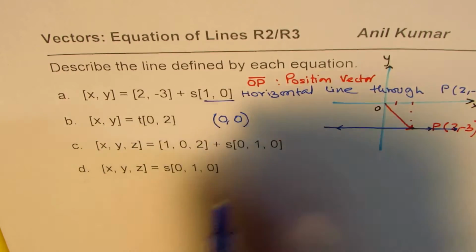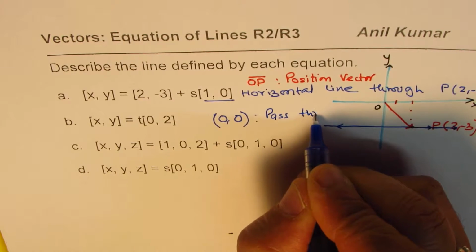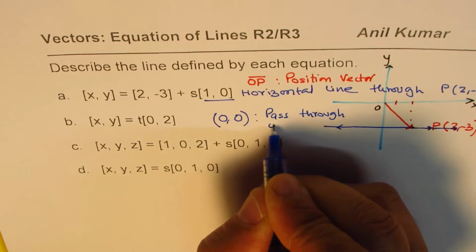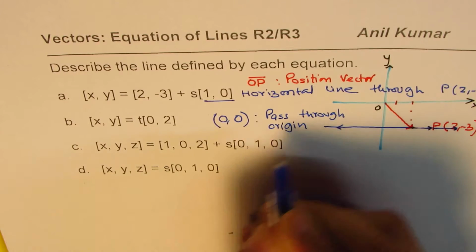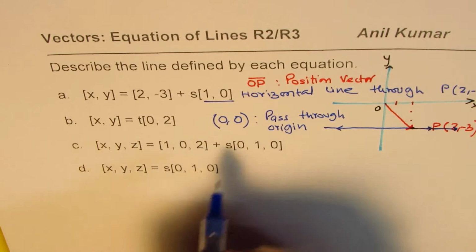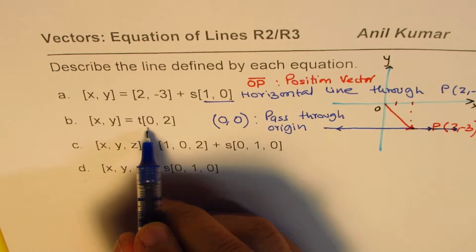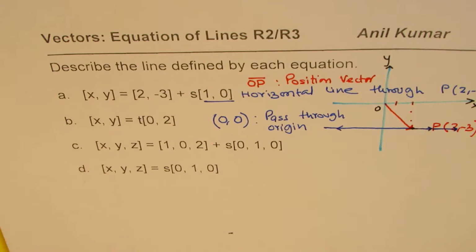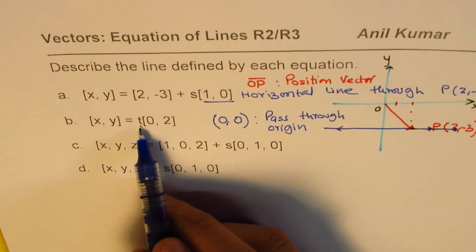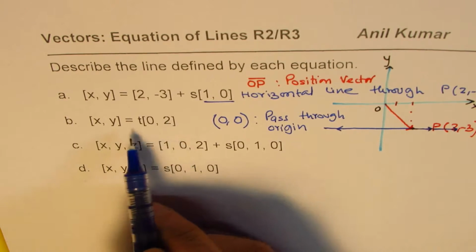So this line passes through the origin, with a direction vector, because slope will not make sense in R3, so let's avoid that. Direction is (0, 2). Along the x-axis, it doesn't move, but along y it moves up 2. If t is negative, it will be moving down. That is how it moves up and down. Does it make sense to you?